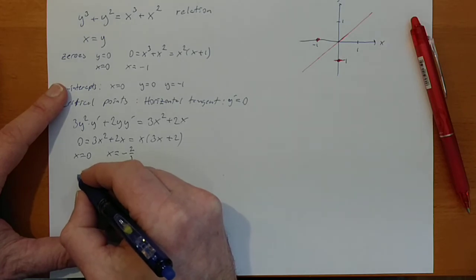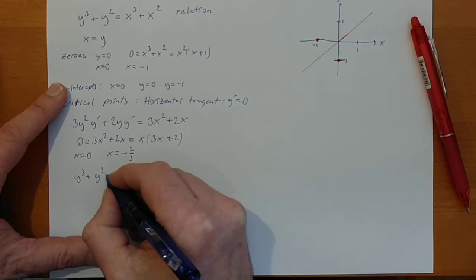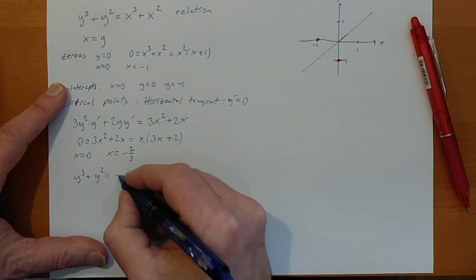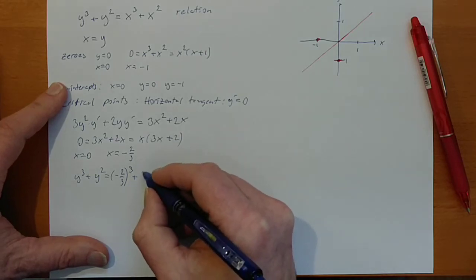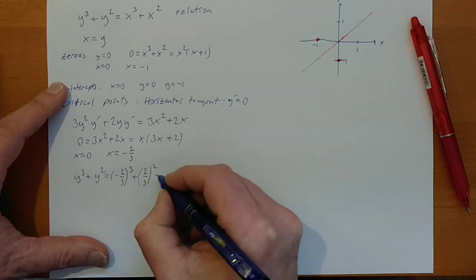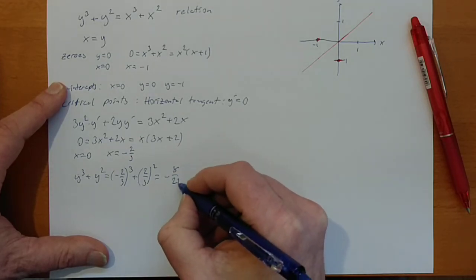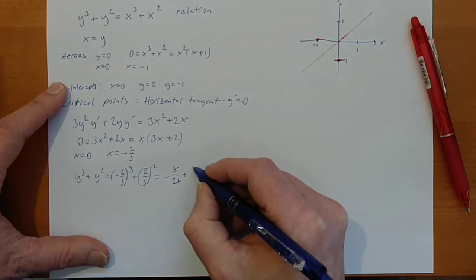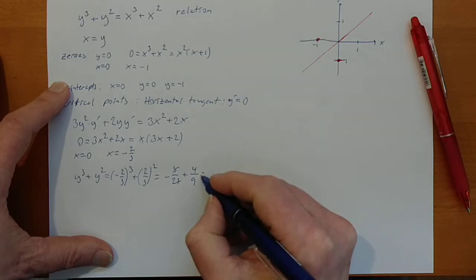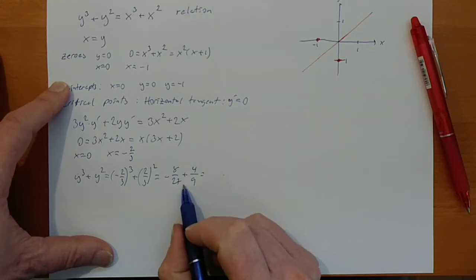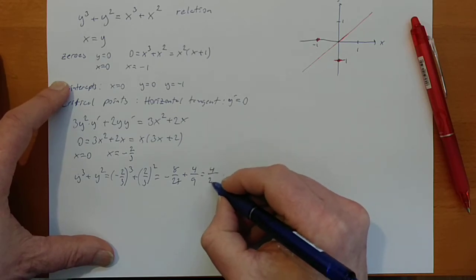So we get that y to the power 3 plus y to the power 2 equals negative 2/3 to the power of 3 plus 2/3 to the power of 2. That will give us negative 8 over 27 plus 4 over 9, right? I turn this to 27ths, and if we do the math, we get 4 out of 27.